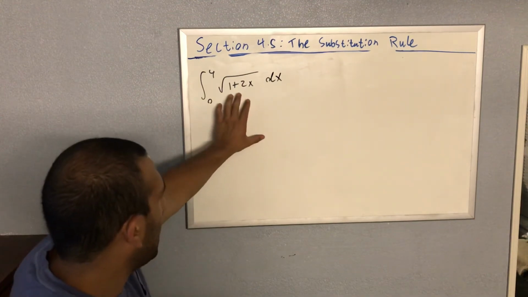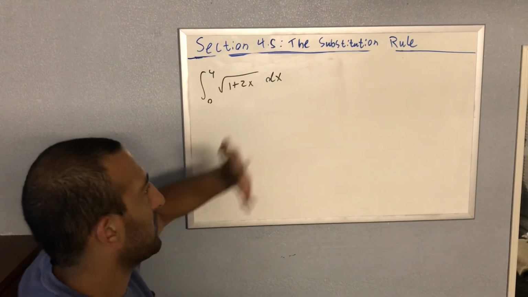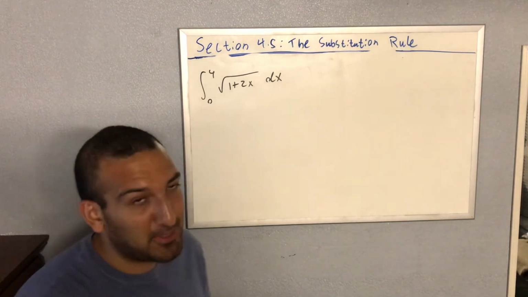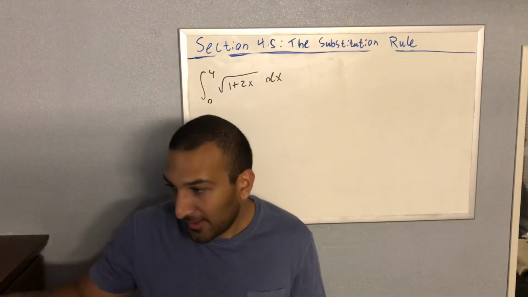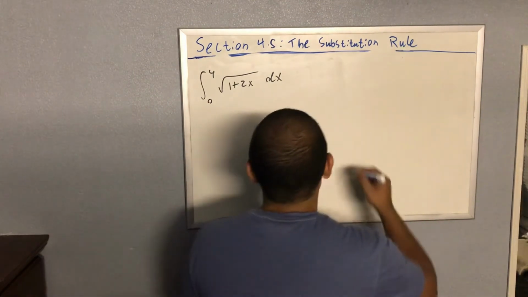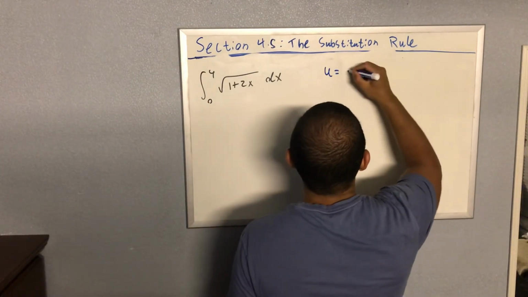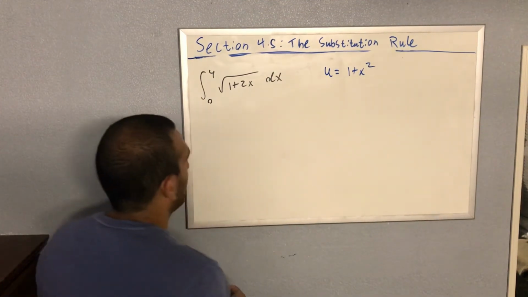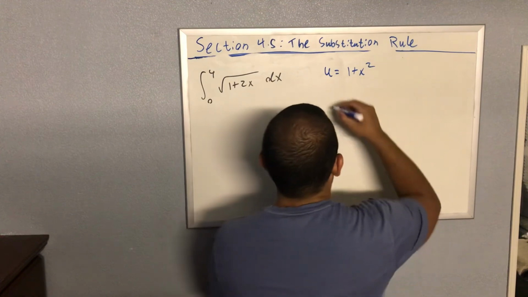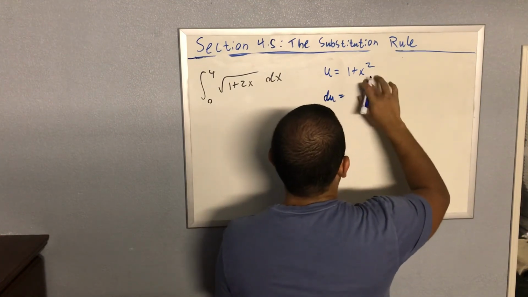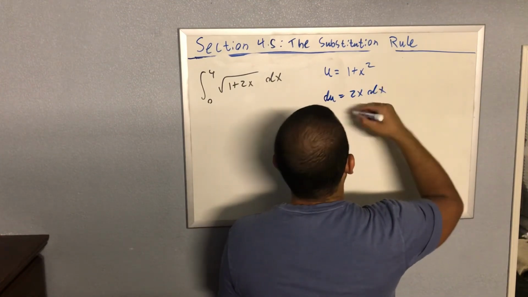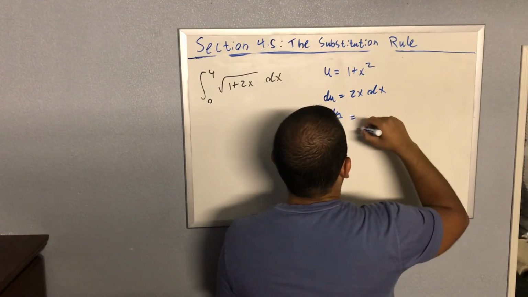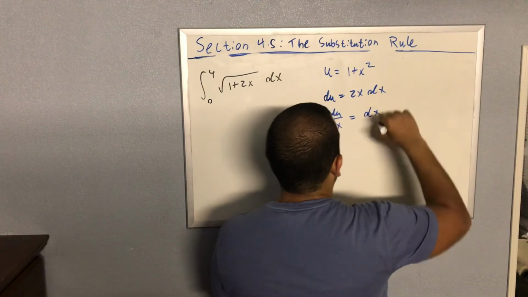So we don't have the other thing out in front. We just have this. Okay, so there's literally no other choice for you, right? Except for what's inside the square root. So you're going to let u be 1 plus x squared. Okay? Meaning that du is derivative of this 2x dx, and then du over 2x is dx.